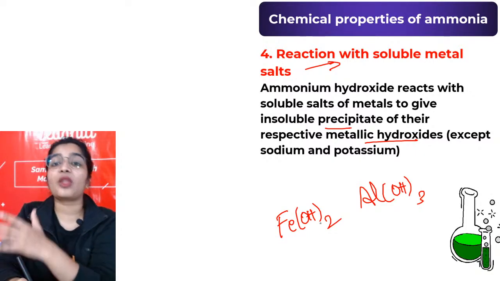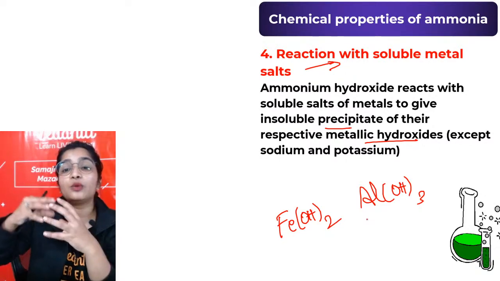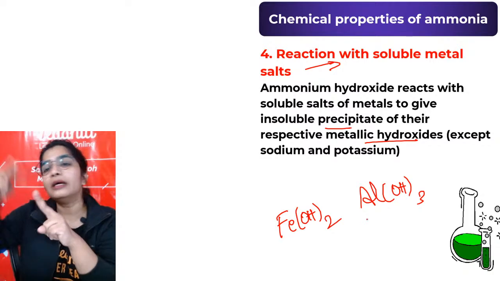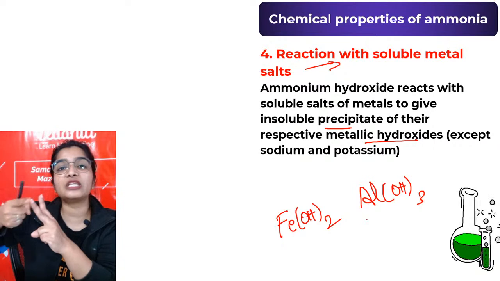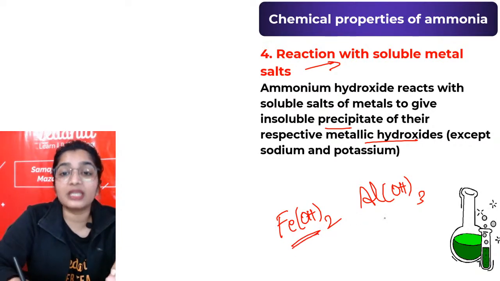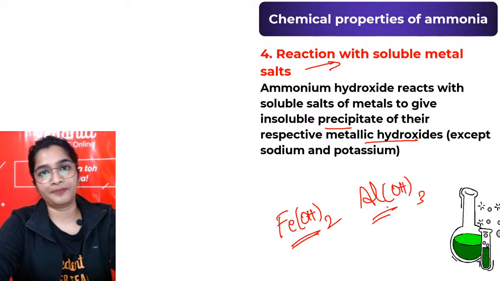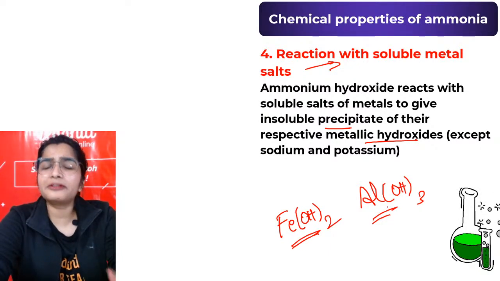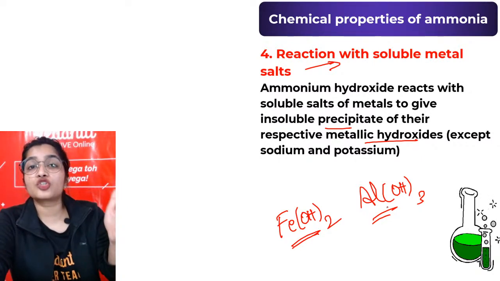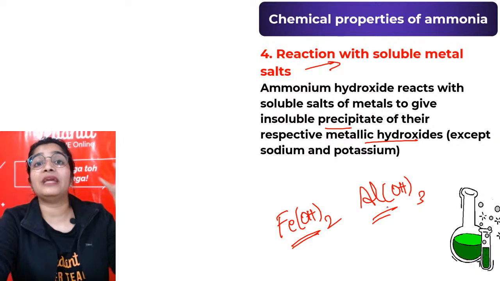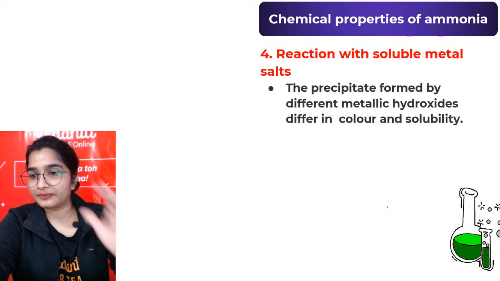These iron or aluminium hydroxides form when ammonium hydroxide reacts with any metal salt. There will be a double displacement reaction, and you will end up getting the hydroxides of those metals, which are basically insoluble. And they will have different colors. So this helps us to identify which metallic cation or basic radical is present in that particular salt.